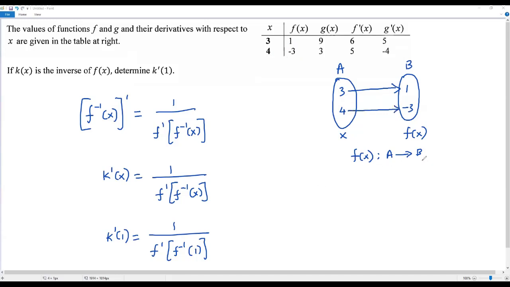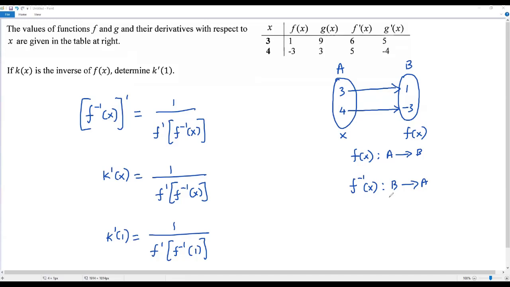Okay, when f of x maps the elements from A to B, then its inverse, f inverse of x, will always map the elements from B to A. That's the reverse order of this mapping. Here I said A contains the elements of x and B contains the elements of f of x.